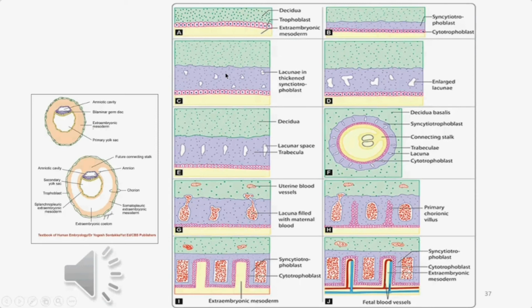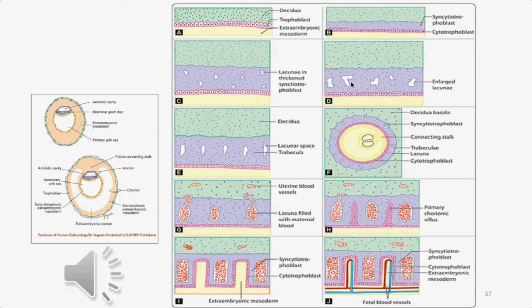In the syncytiotrophoblast, a small cavity appears. In figure C, you can see the small cavity. And in figure D, the small cavities are united and form a large cavity. This cavity is known as the lacunae.